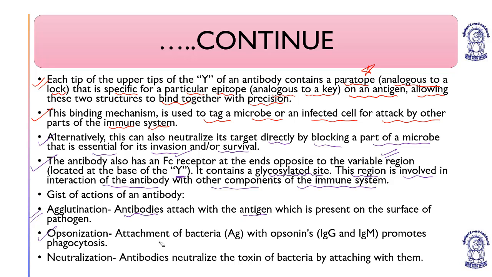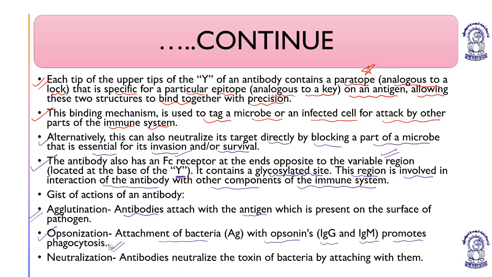So agglutination is the process of binding of antibody with antigen. Opsonization is the attachment of bacteria with opsonins like IgG and IgM, which promotes phagocytosis. Opsonization simply means it helps to recognize the bacteria or the foreign body.